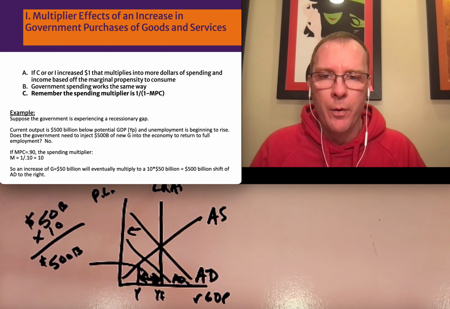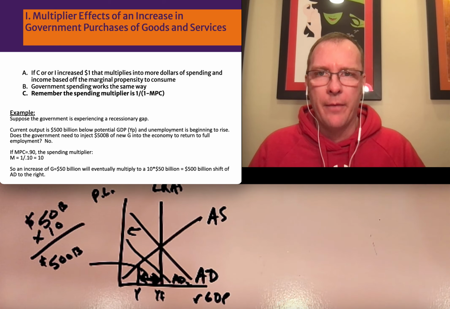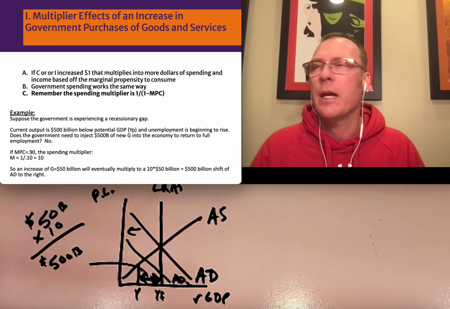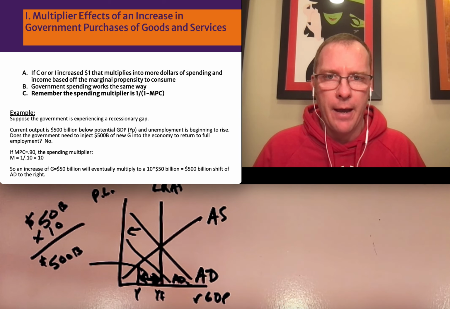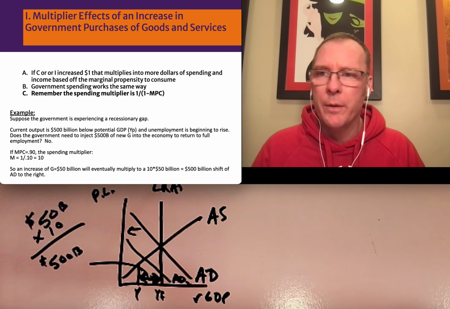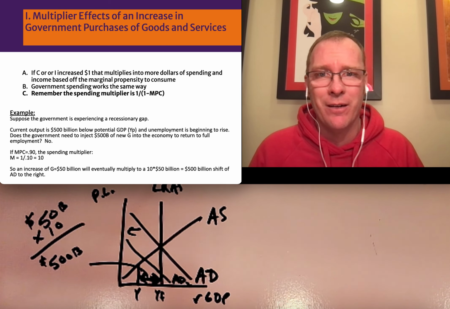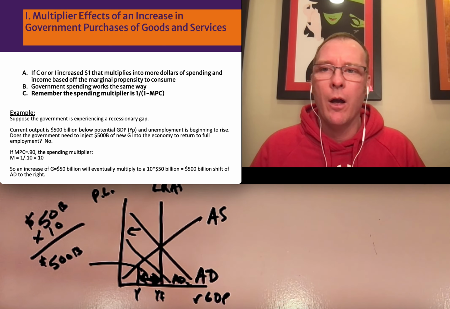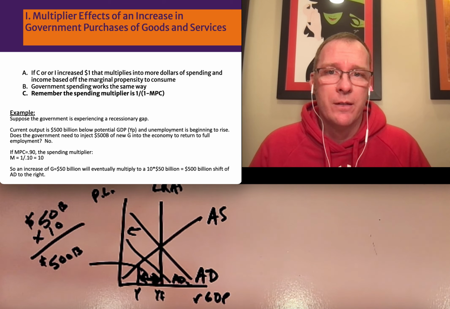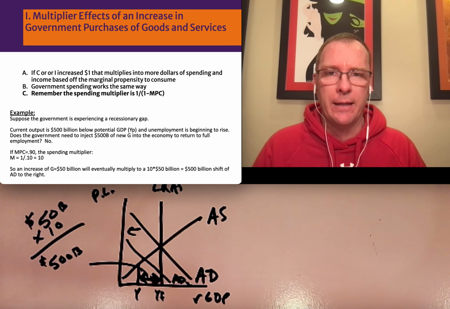So the nice part about looking at this in terms of fiscal policy is if we can identify how big the gap is, and we know people are going to spend about 90% of their money, then we also know that we don't have to spend quite as much to fill that gap.